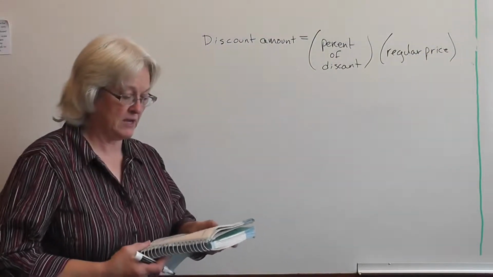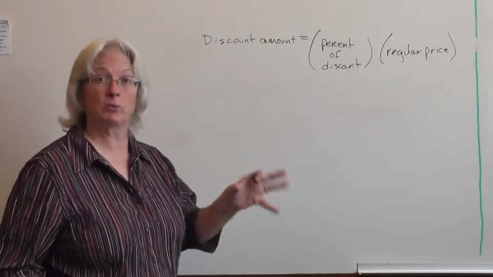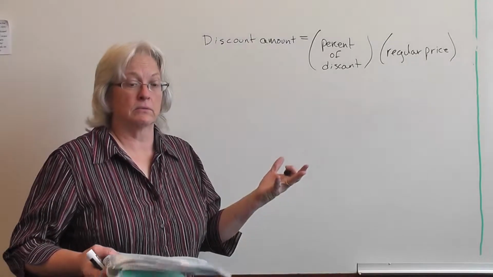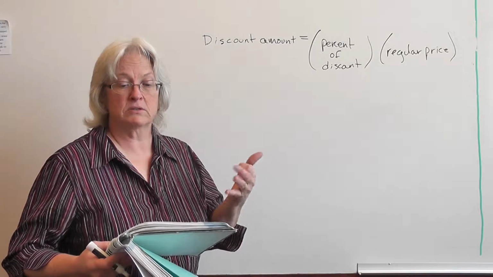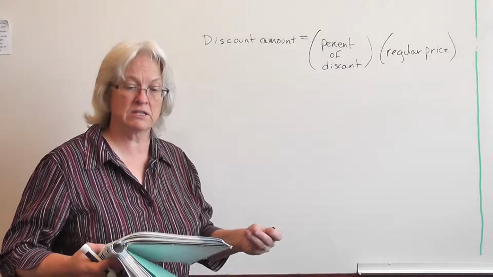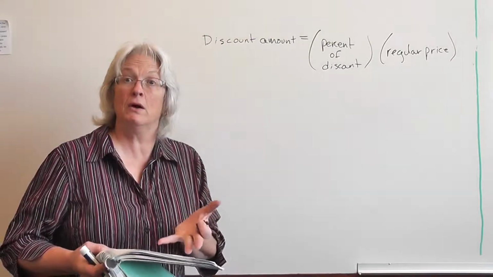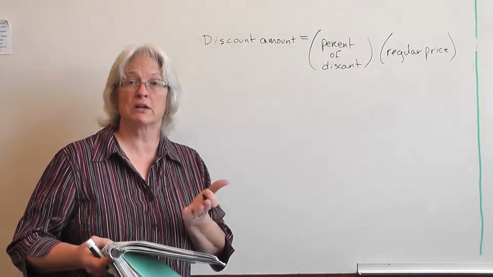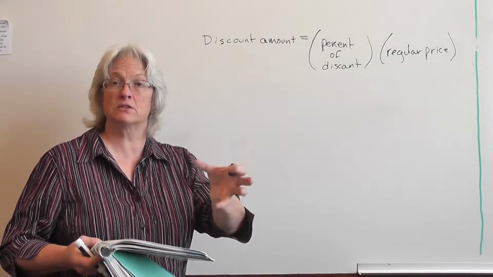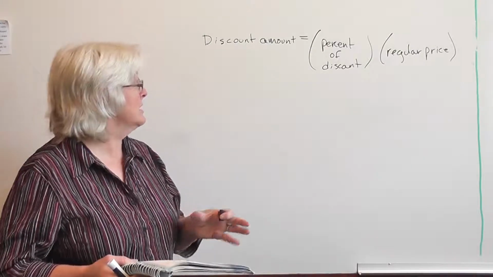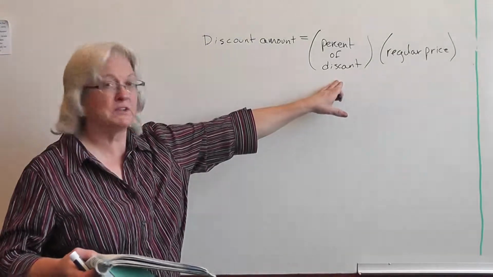So if we want to find the discount amount in our problem, when it asks what's the discount, they don't want you to go back to the problem and say, well, the discount's 20%. Yeah, we know the discount is 20%. We want to find out what that represents to us in dollars and cents. So what is the percentage of discount?